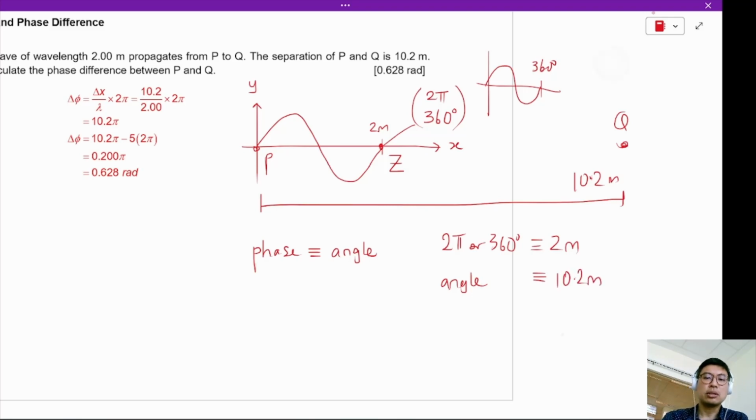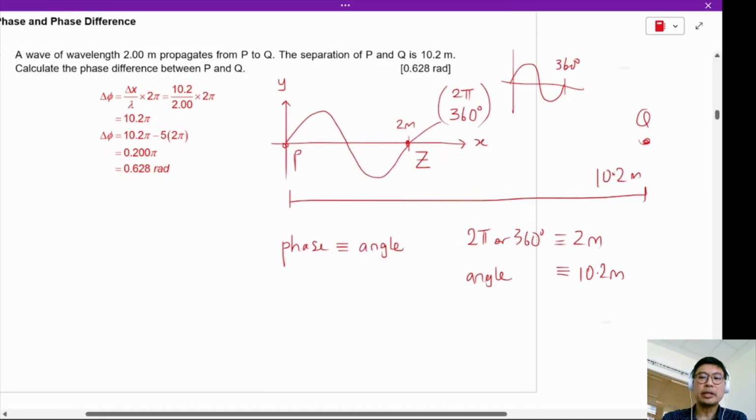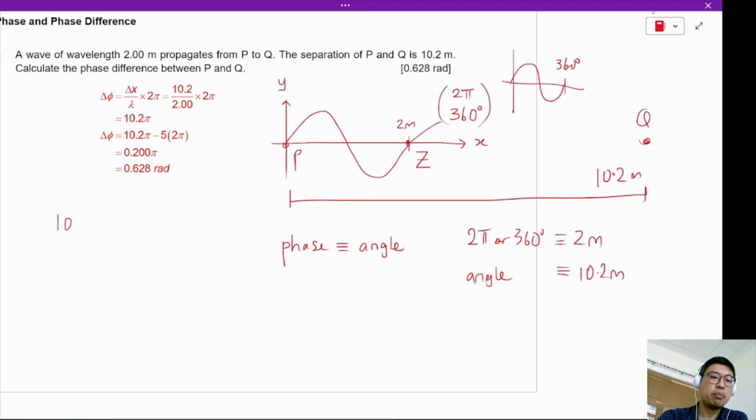In order to do this, we can just see how many times 360 degrees happens. One way we can do it would be 10.2 divided by 2 times 360 degrees. This is going to give us 1836 degrees, which is way above, but the phase must be written from 0 degrees to 180 degrees.